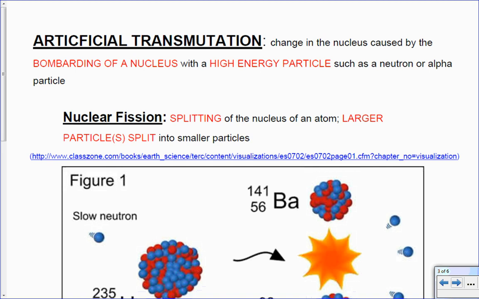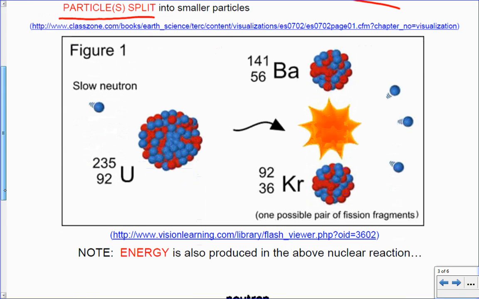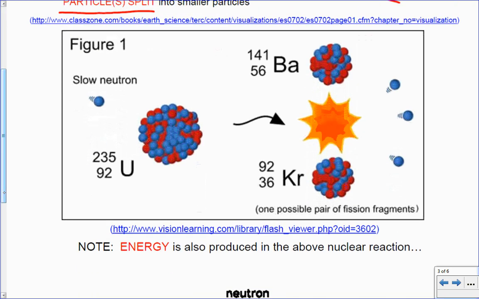So artificial transmutation, I'm going to bombard the nuclei with high energy particles such as a neutron or an alpha particle. And then fission specifically is splitting. Larger particles are split into two smaller particles. And here is an example. I'm going to take uranium with a neutron. The neutron's going to come in and hit that thing.